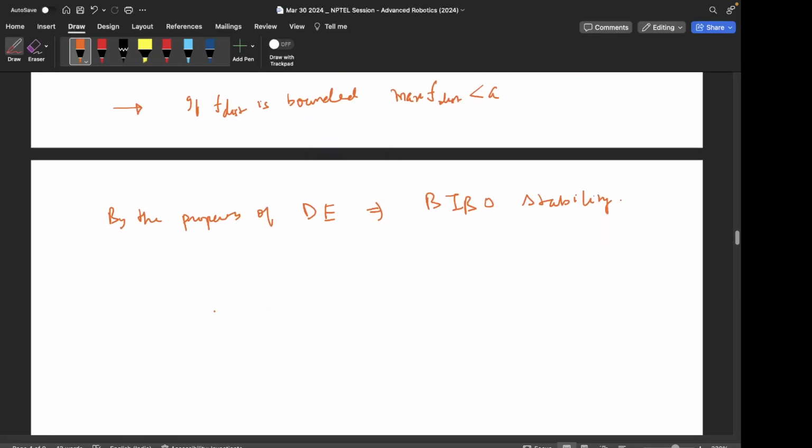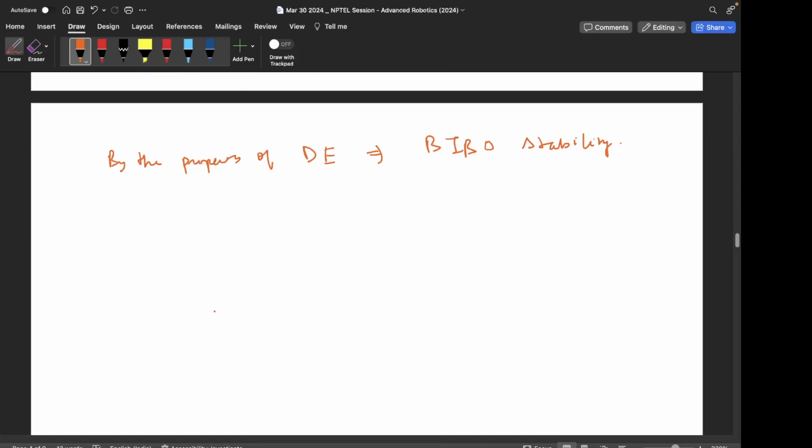And for analysis purposes, we will take an even simpler case, let's have a look at a case when this f dist is constant, right?